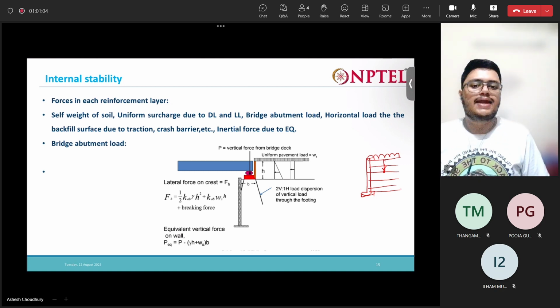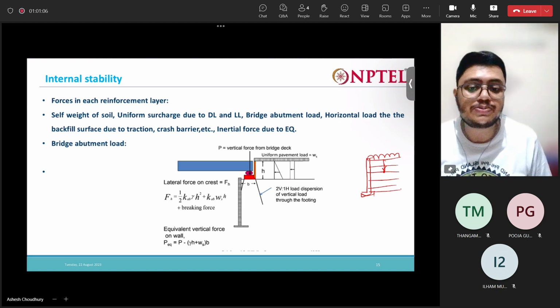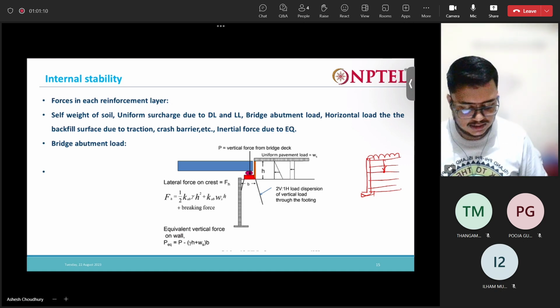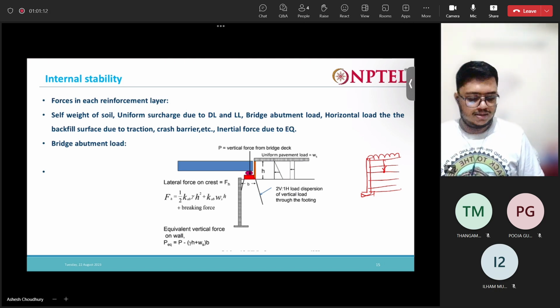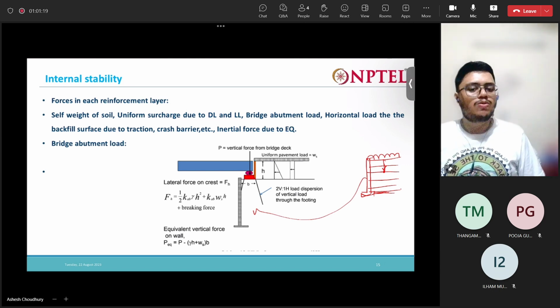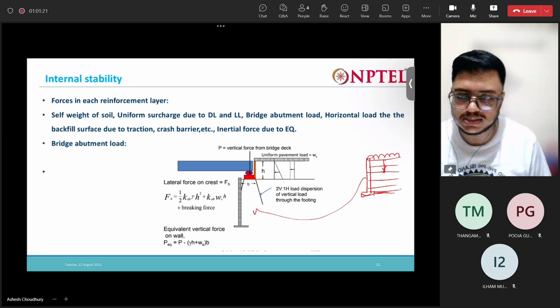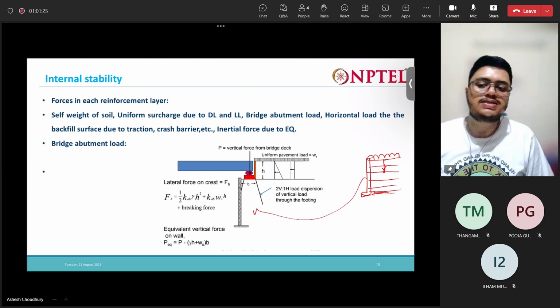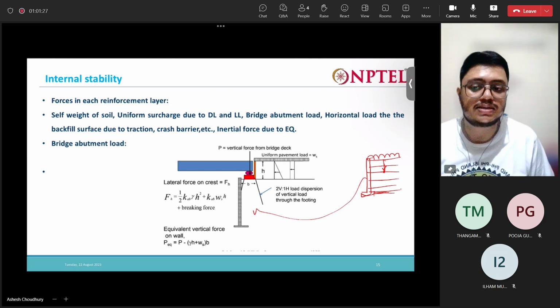Then the other one is the bridge abutment load. Say you are constructing this reinforced soil wall here; in that case some extra load we need to consider, that is the bridge abutment. Then fourthly, we have the horizontal load in the backfill due to traction.